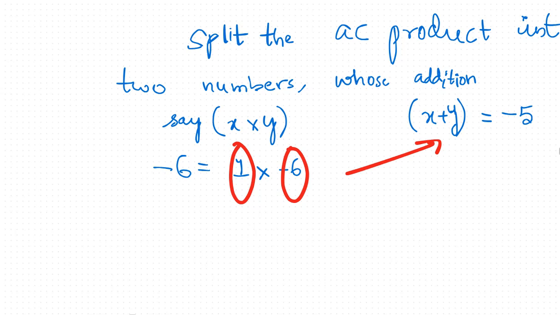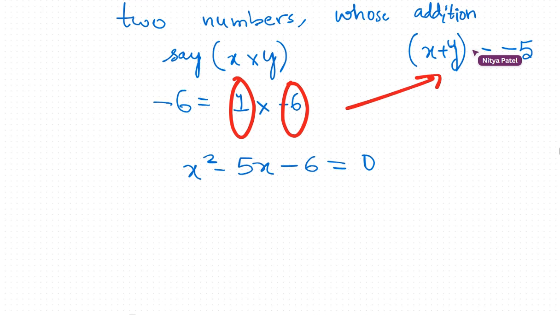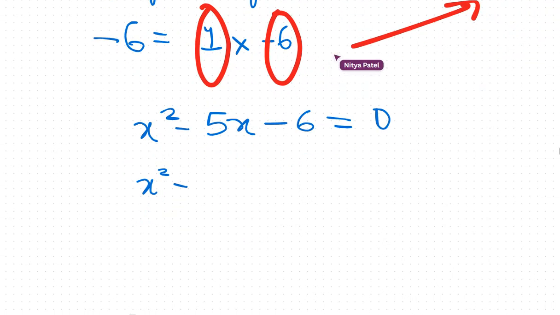Now that you have found the numbers 1 and -6, what is the question? x square minus 5x minus 6. Now you have to split that middle term. So x squared minus 1x, see this one is positive, so positive x, minus 6x, minus 6 equals 0.